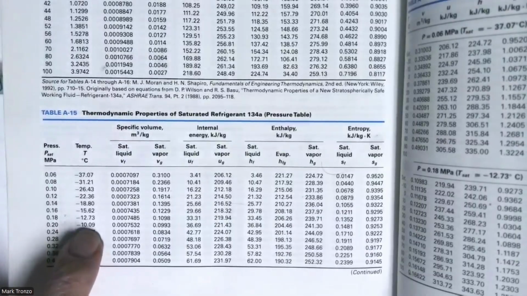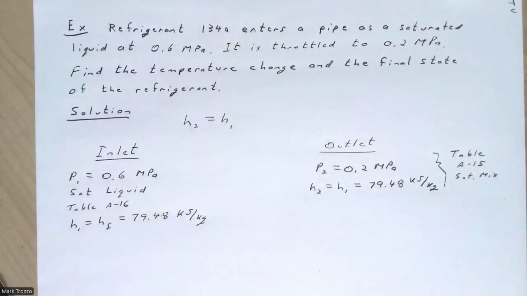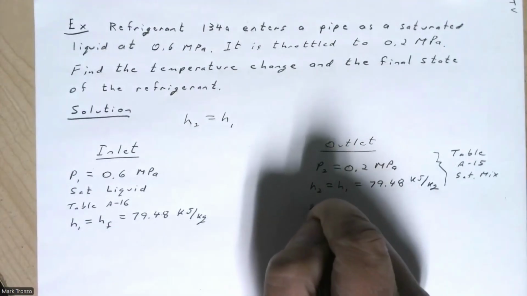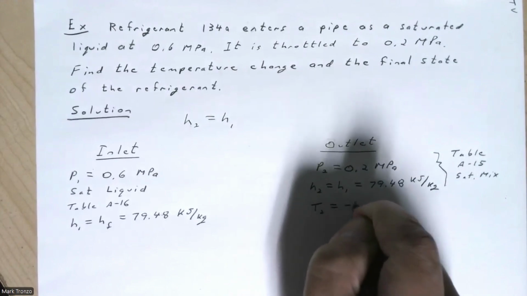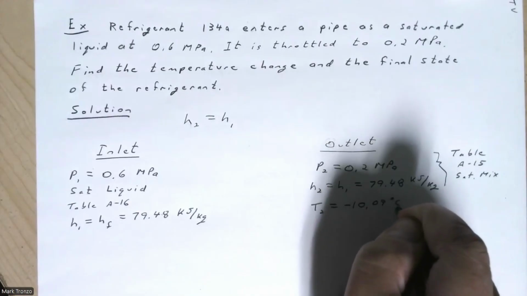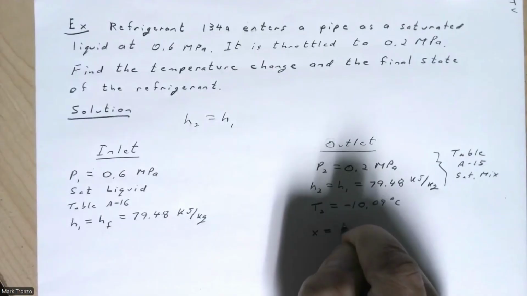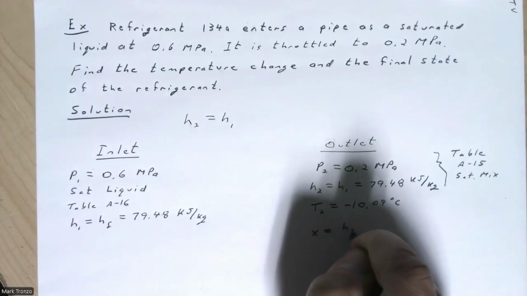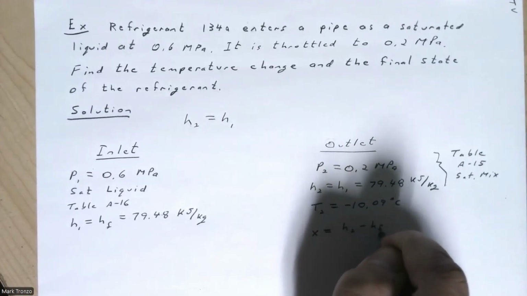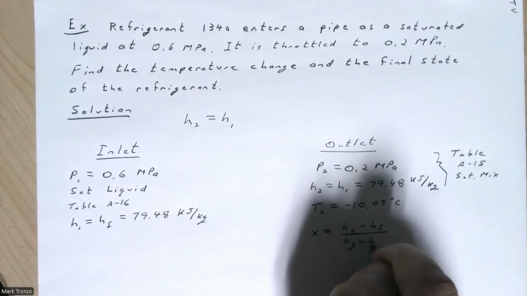The temperature is negative 10.09 degrees C. And then we can calculate quality in the usual way.